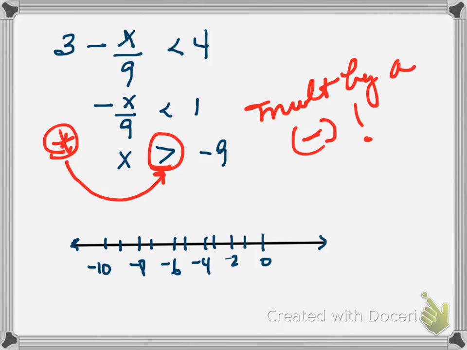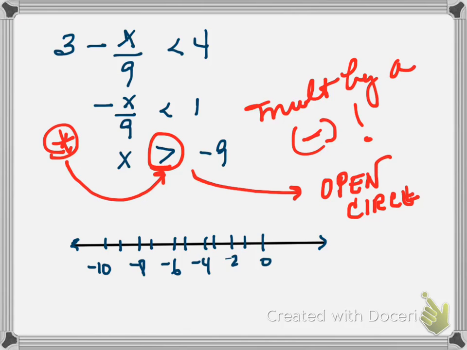Now right here we have no equal to sign, so you're going to use an open circle. So at negative 9 right here, we're going to put an open circle, and we need the numbers that are greater than negative 9, so we're going to shade to the right.